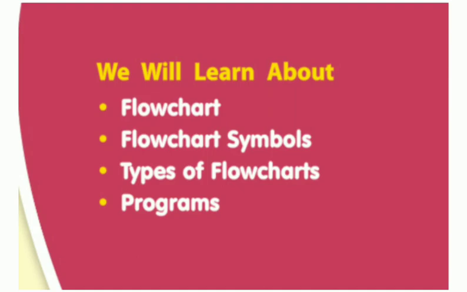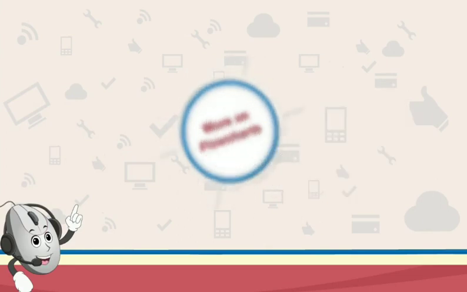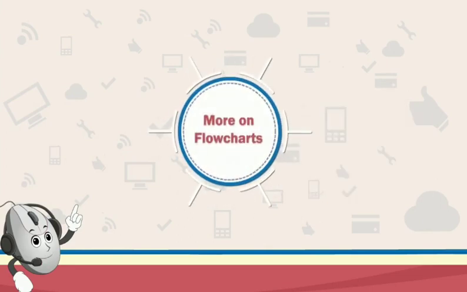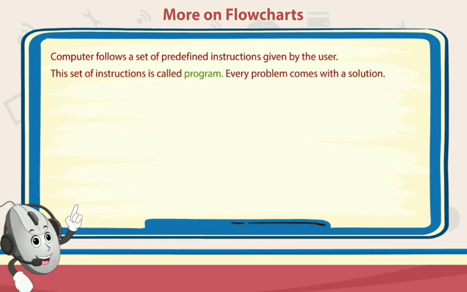So let's start with our chapter, more on flowchart. Computers follow a set of predefined instructions given by the user. As we already know, a computer works on instructions. This set of instructions is called a program.